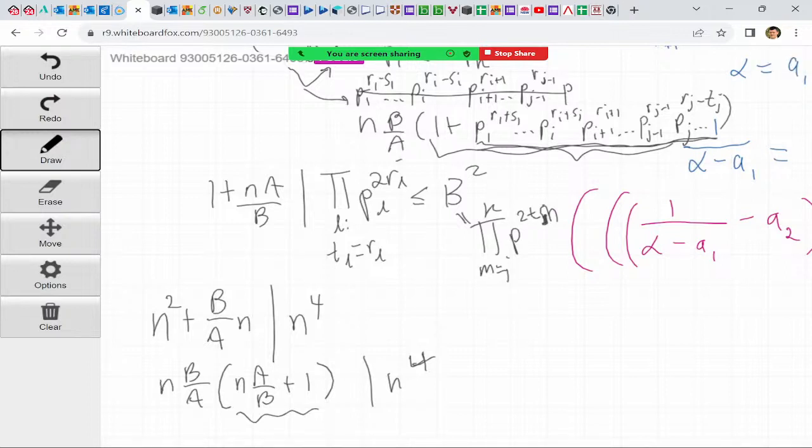It's an n b over... So that obviously has to divide n over. Okay, clearly I didn't actually understand something. But how do you get that 1 plus n a over b?